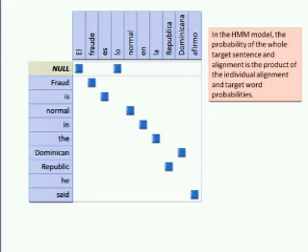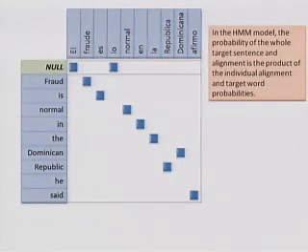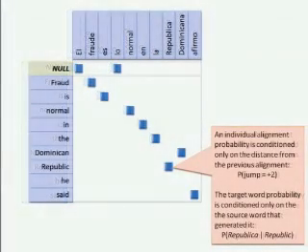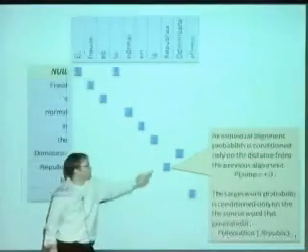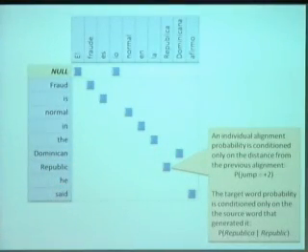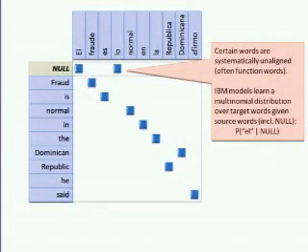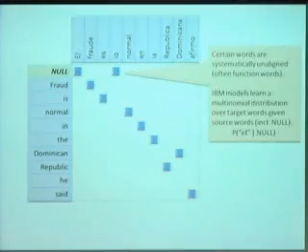So the probability of this whole sentence and its alignment is the product of those individual probabilities. And the probability of landing in this state is conditioned only on the distance from the prior state. So there's some bias towards making somewhat monotone alignments through the sentence. And furthermore, even in truly parallel data, we have a certain amount of mismatch between the languages.